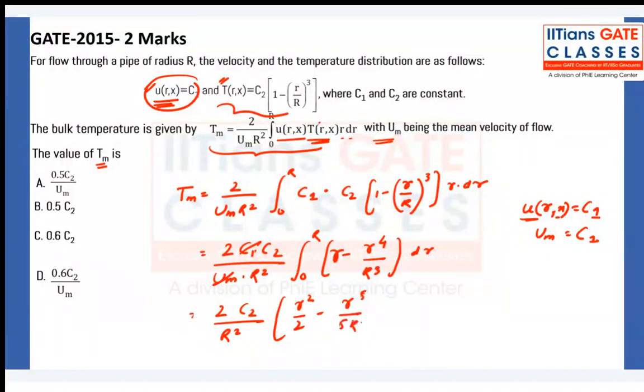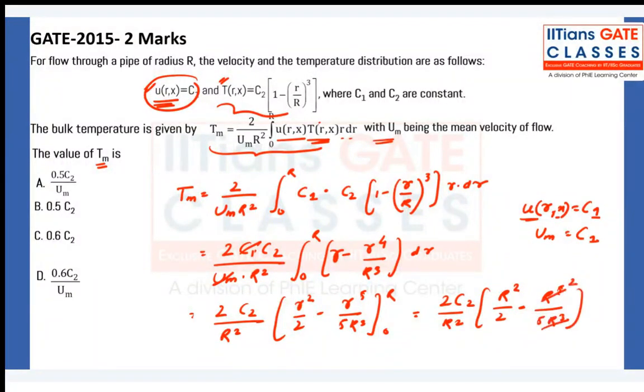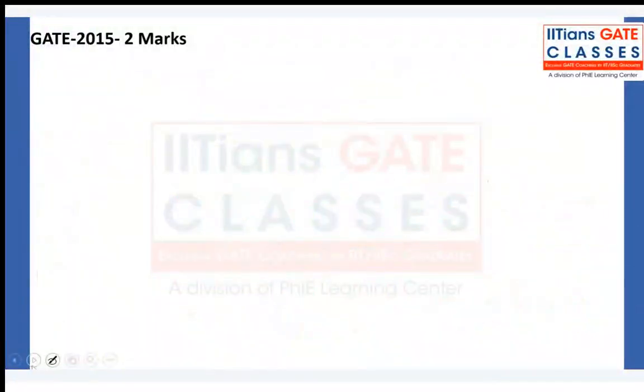So if I put r here, 2C2 r square, this is r square by 2 minus r^5 by 5r cube. So here also we have square. So T_m will be equal to 2C2 upon r square, r square by 2 minus r square by 5.